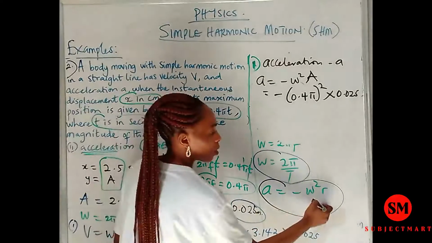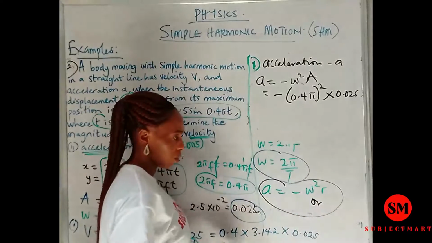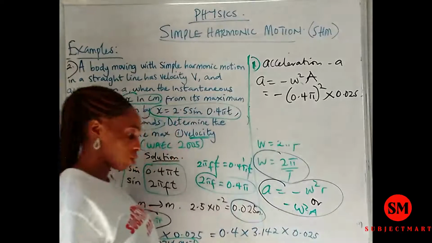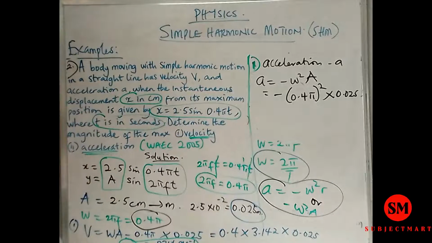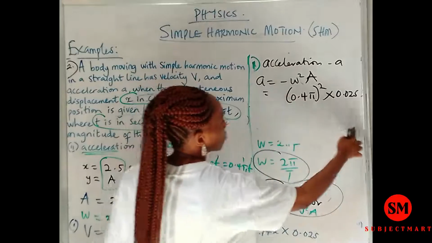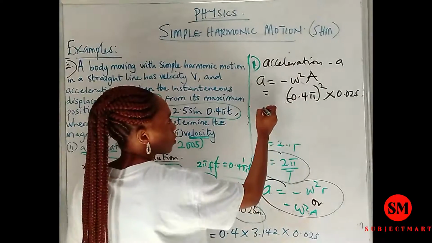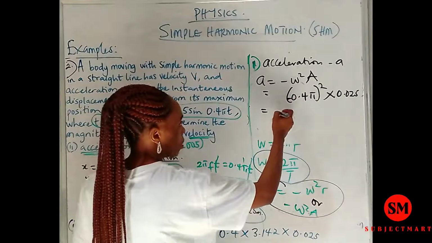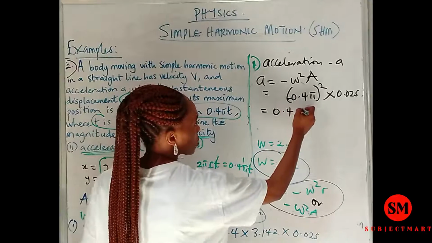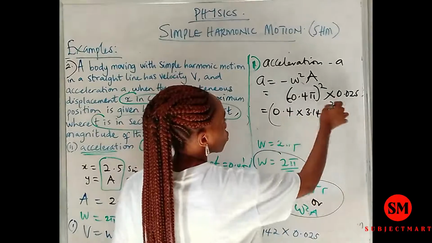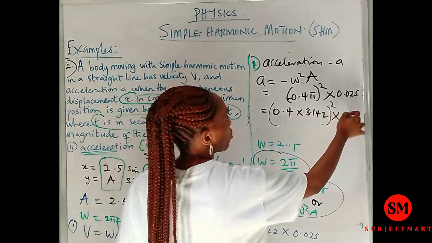It could be this or minus w squared A, depending on what you are using. So the square of this, it's as good as saying 3.142, which is the value of pi, all squared times 0.025.